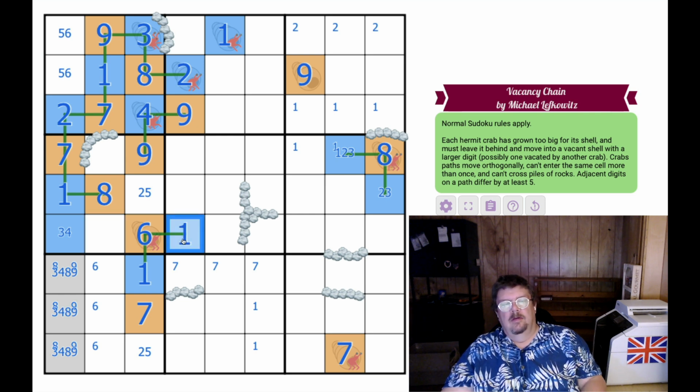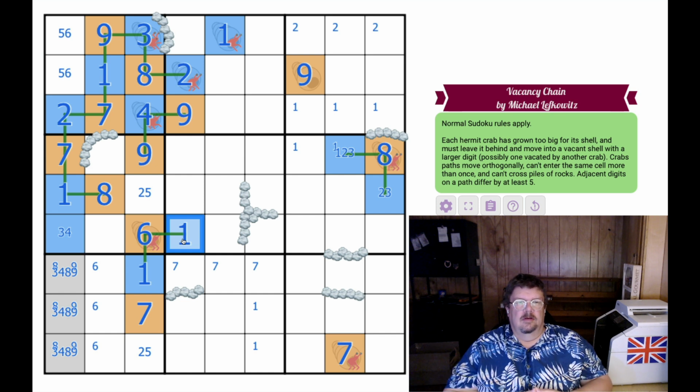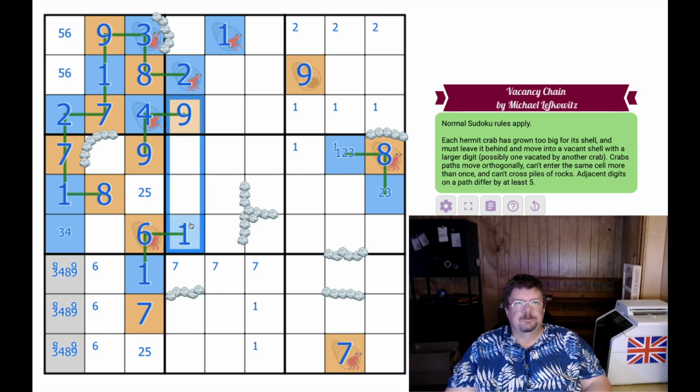Okay. Where does this 6 go to or come from? We know ultimately that this 1 is going to connect to this 9. Okay. Can this connect straight down?